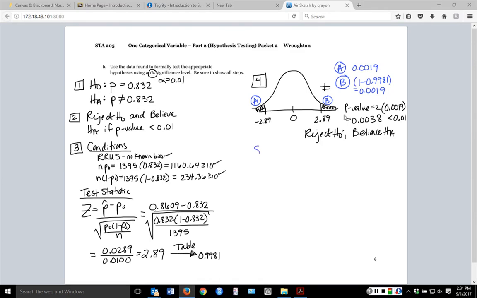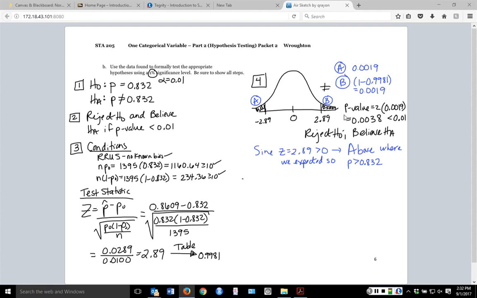Since my z is 2.89, which is greater than 0, this means we are above, to the right, of where we expected to be. That means we believe that p is greater than 0.832.